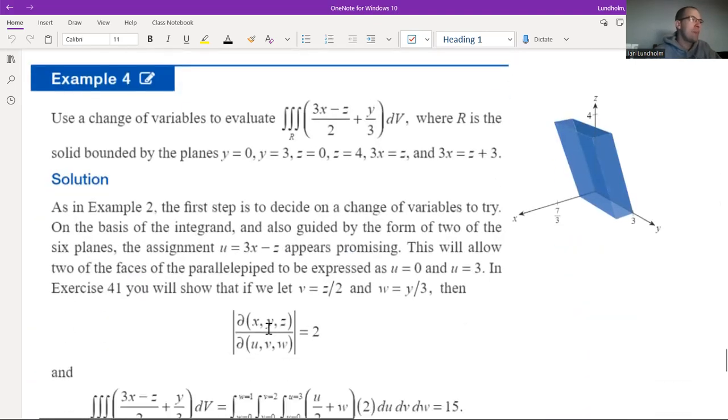The last one, example number 4, is an example where we're doing the transformation primarily because it'll make the region of integration look better. Right now, we are integrating over this parallelepiped, which you can see is slanted.